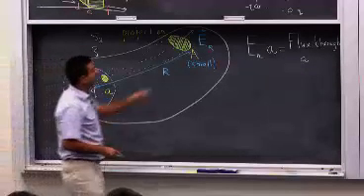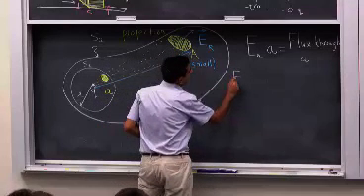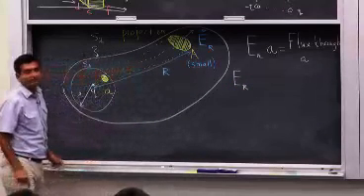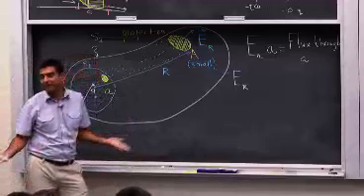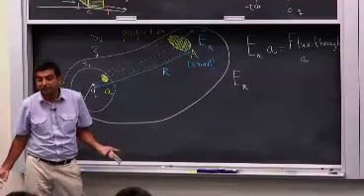So the electric field here is going to be E capital R. And how do I calculate the flux? I multiply this with the area. And what's the area here? Capital A.